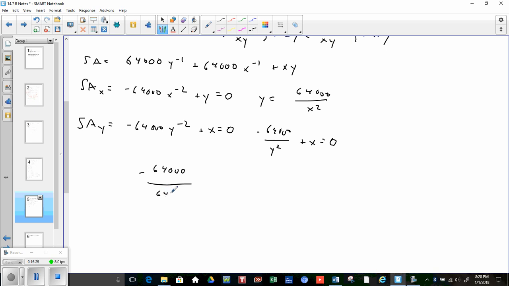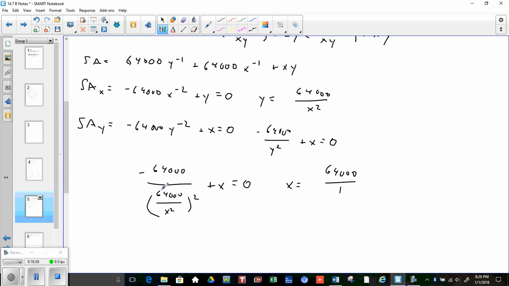So 64,000 over x squared, squared, plus x equals 0. I think the best option is going to be, let's add this whole thing here to both sides. So we're going to get that x equals 64,000.